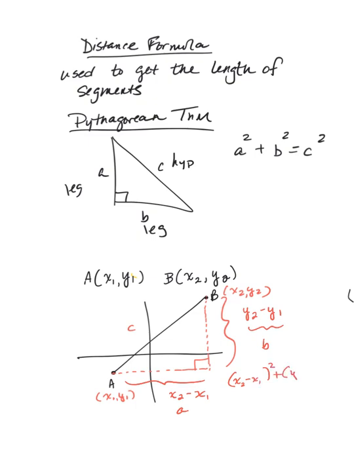When you take your B, you have (y2 minus y1) squared, equals c squared. Well, we want to solve for c, so to solve for c, you would take the square root, right? That is your distance formula. So I just derived it for you.